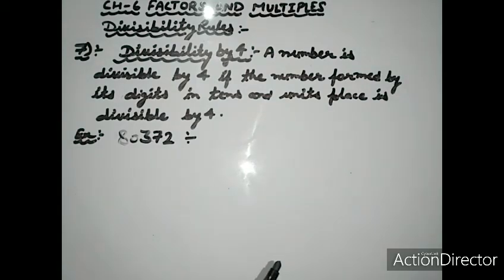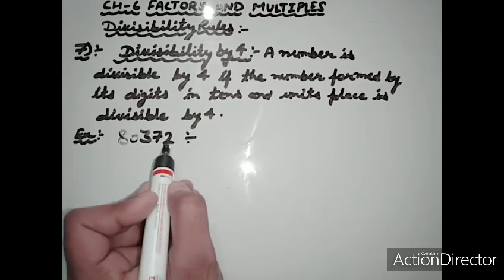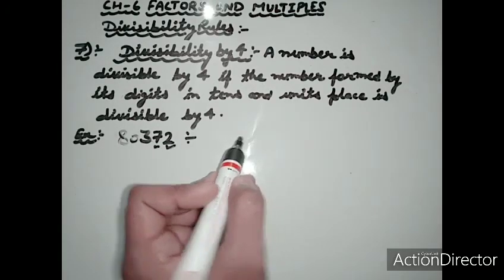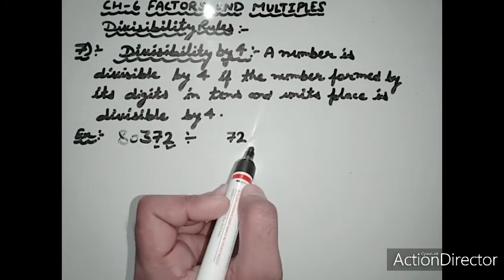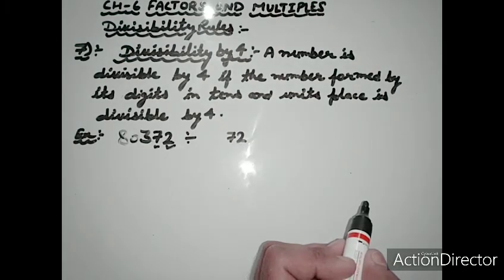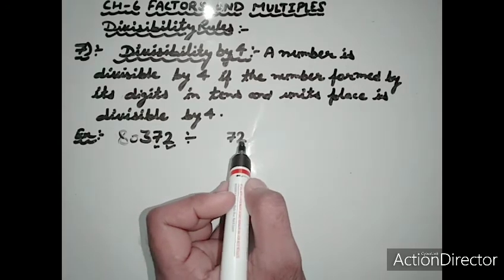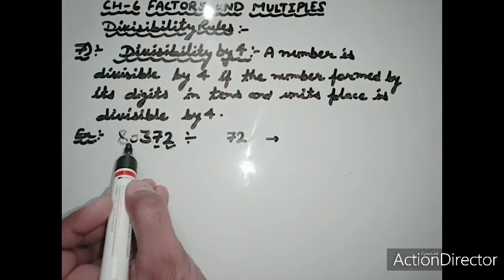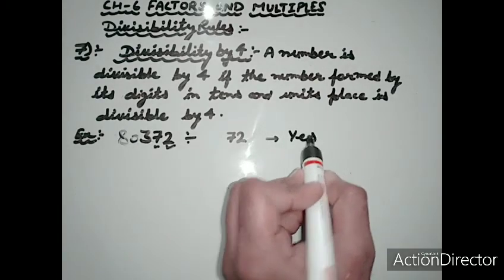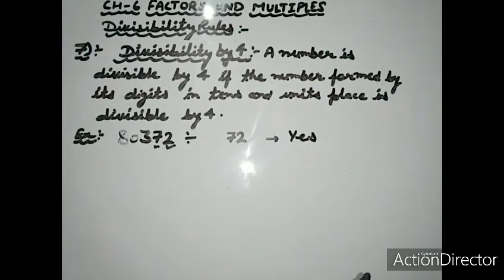So here the digits in unit and tens place are 72, and the number formed by these two digits is 72, right? And 72 is divisible by 4. 72 is divisible by 4. So we say that the number 80,372 is divisible by 4, right?